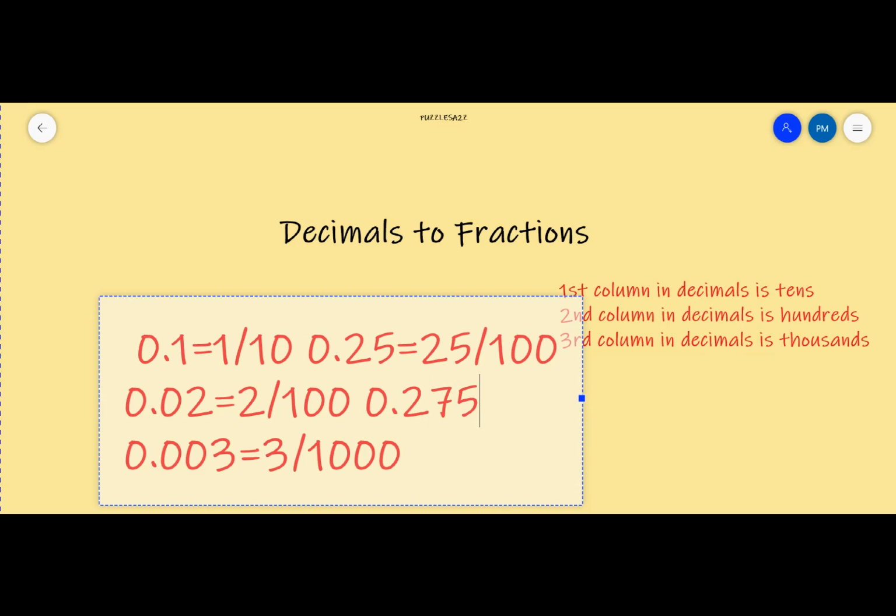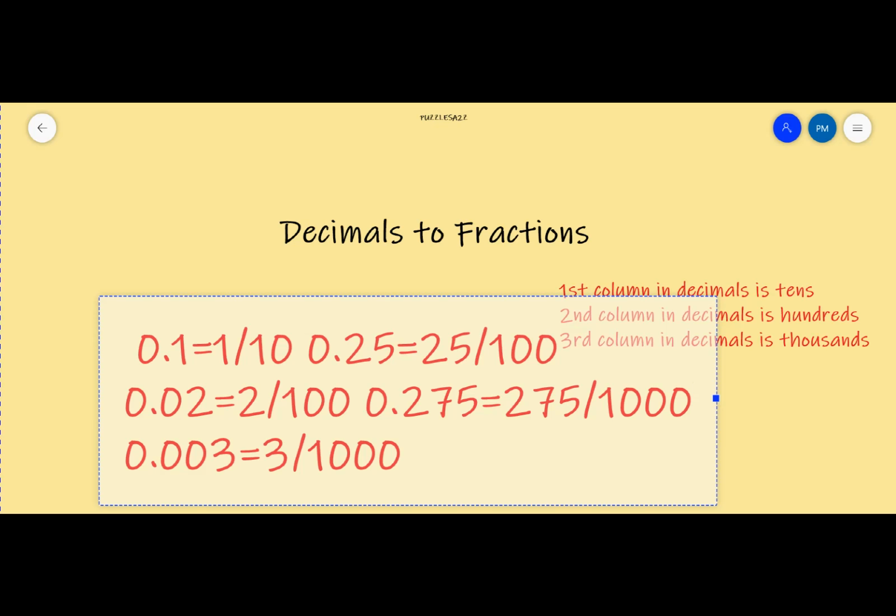And that equals, so we've gone 275 now. 275 is 275 divided by 1,000. There you go. 275 divided by 1,000. Right, we can bring those down, and we will in a moment.